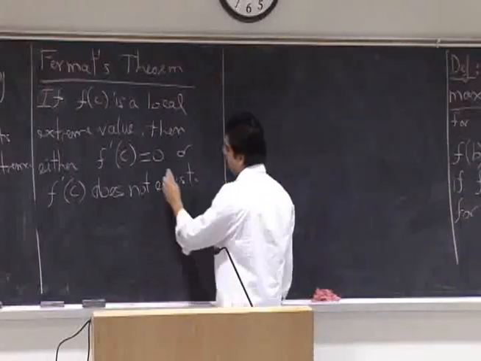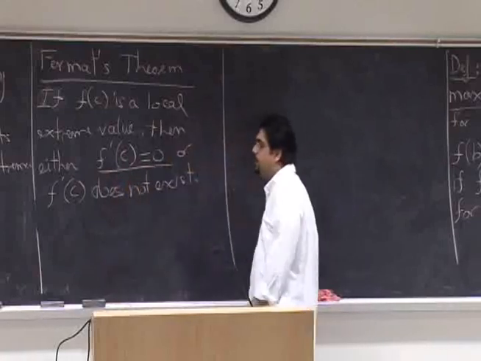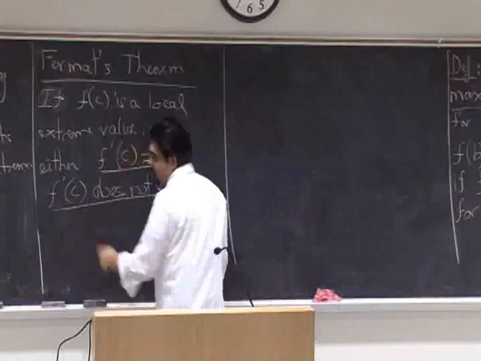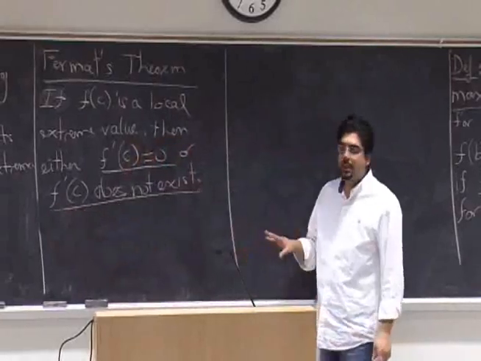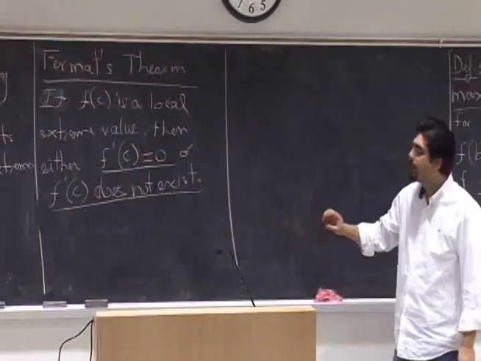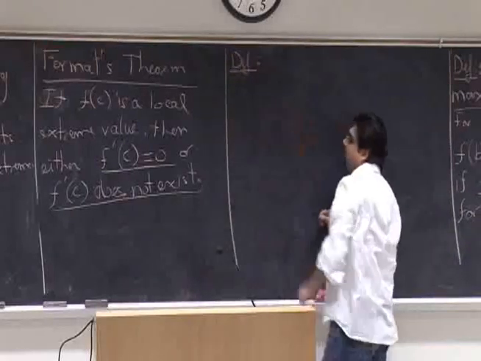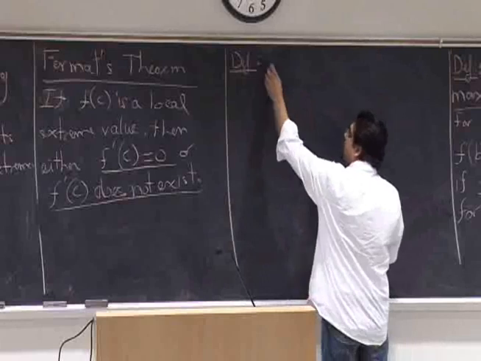First of all, the points at which the derivative is 0 and the points at which the derivative does not exist come up so often that they have a special name. So let's learn what that is, because I'm going to keep using it.